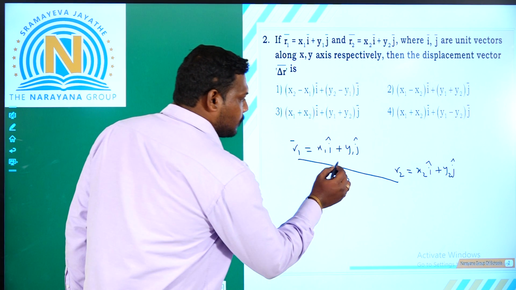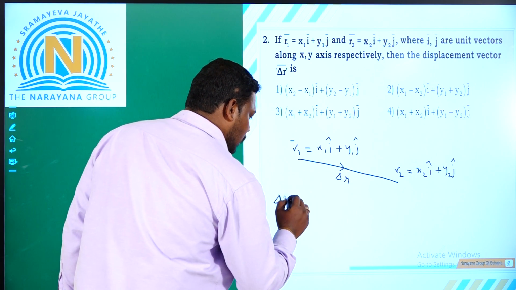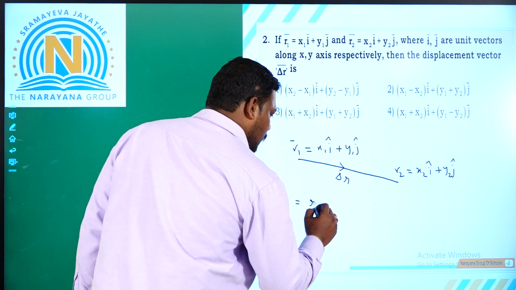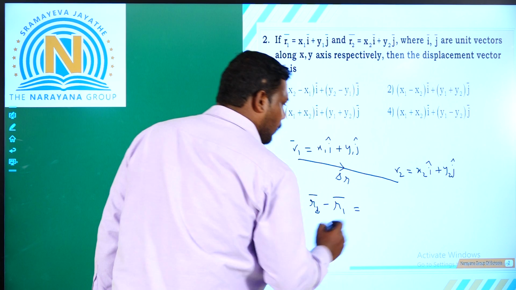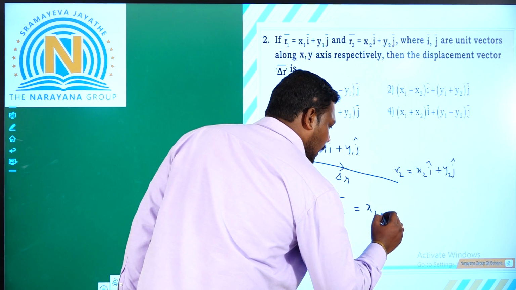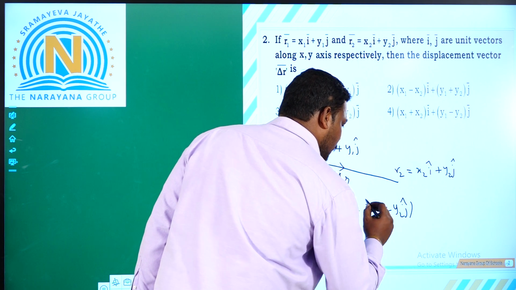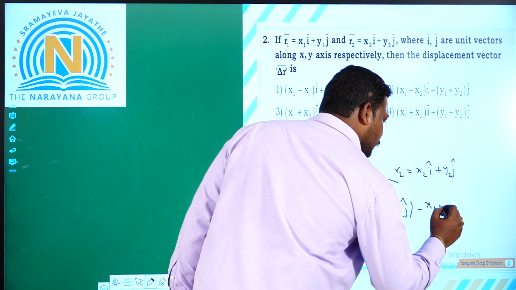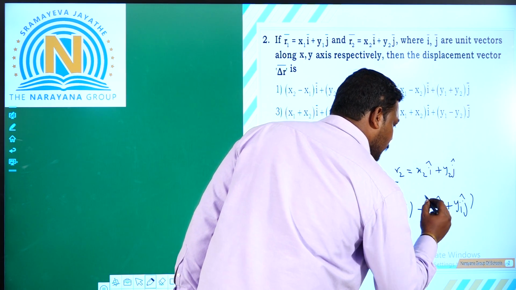Okay. Now the displacement vector delta R is equals to R2 bar minus R1 bar, that is x2 i cap plus y2 j cap minus x1 i cap plus y1 j cap.